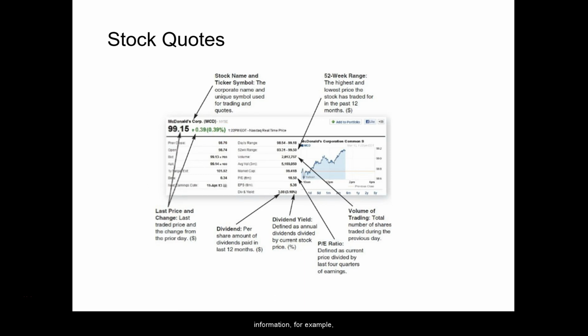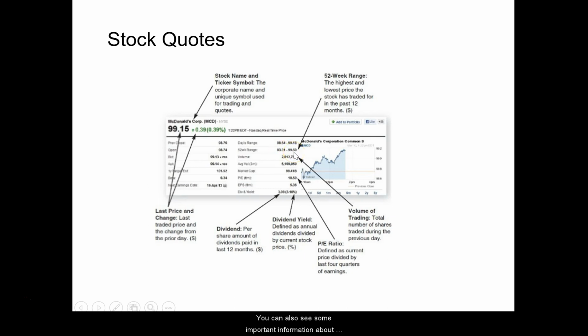You can also see some other information. For example, during that day, the lowest price for McDonald's was $98.54, and the highest is about $99.18. So the stock price has been moving up and down in this range within this one day. Now, within the past 1 year, I'll say in the past 52 weeks, the price has been up and down within $83.31 and $99.50.